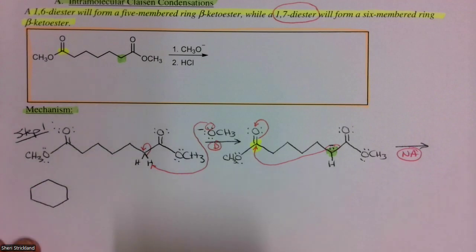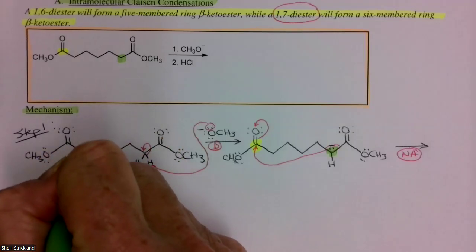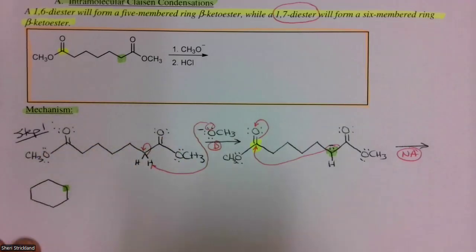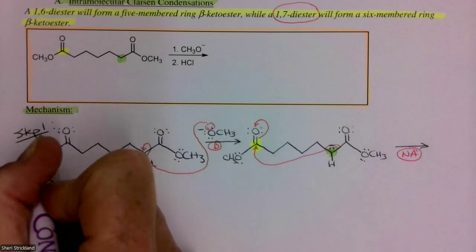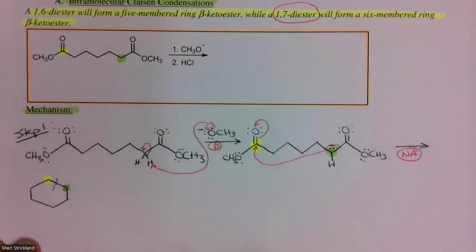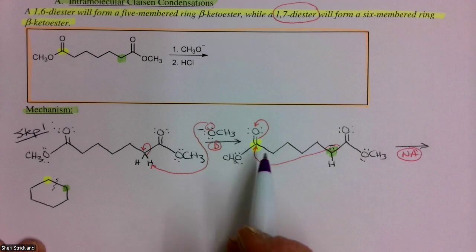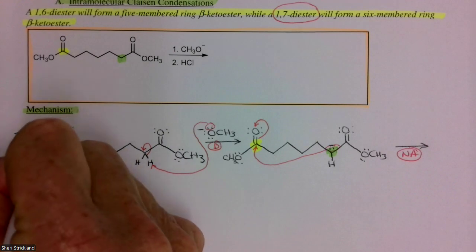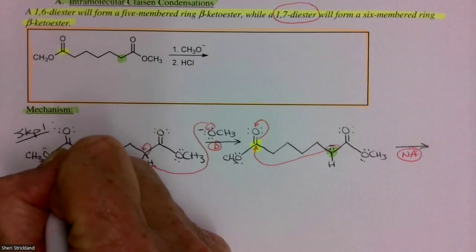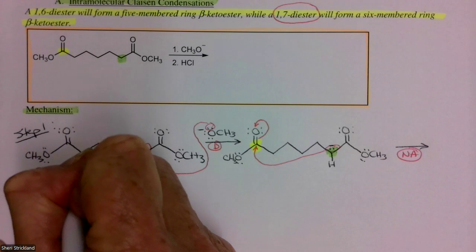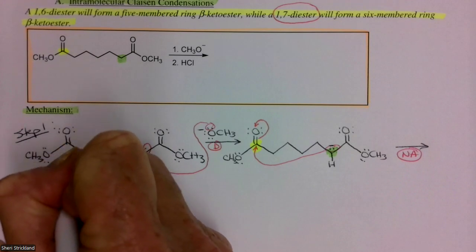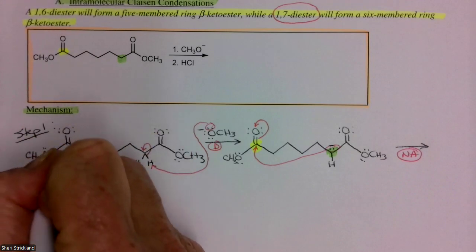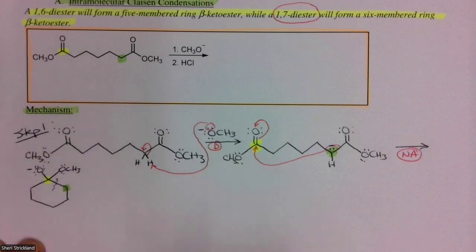And then the question is, well, what went where? So I think it's a good idea to just choose a couple of atoms. These are the two that are going to be my atoms that formed the new bond, and there is the new bond that formed. Okay, at this one, what we've got is an alkoxide and a methoxide. Make sense? Like that.